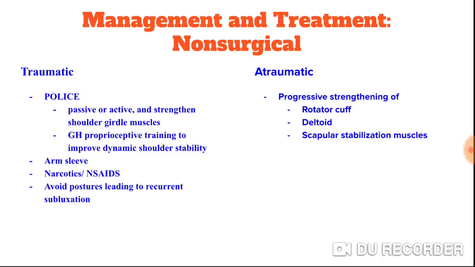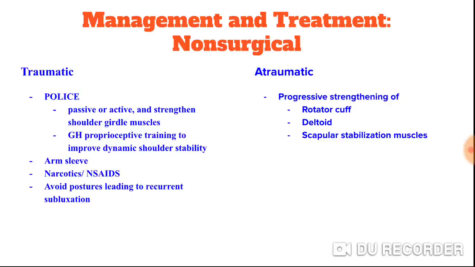Proprioceptive training is also a good idea to improve dynamic shoulder stability. Arm sleeves or arm slings would work well. Narcotics and NSAIDs would help relieve the pain. And a good idea would be to avoid postures leading to recurrent subluxation.